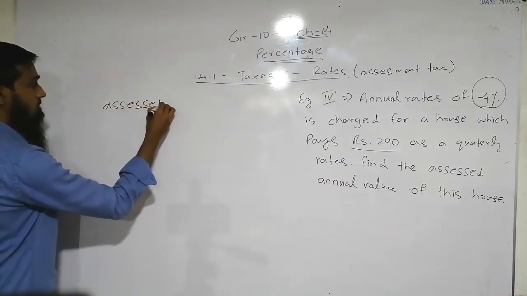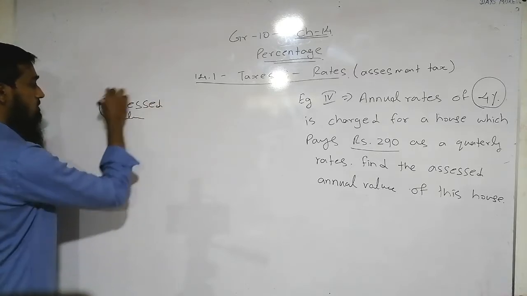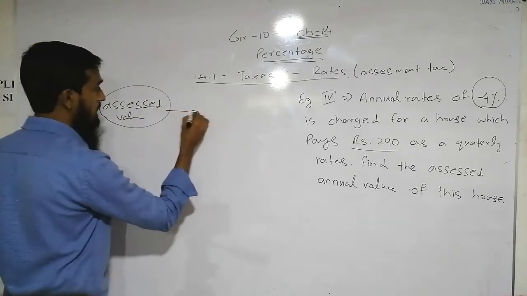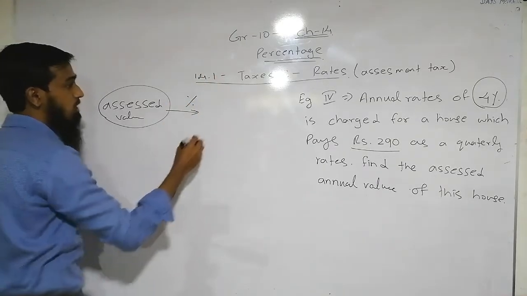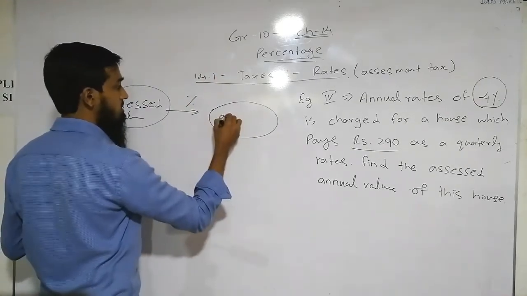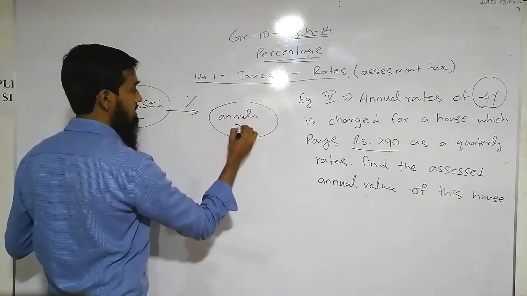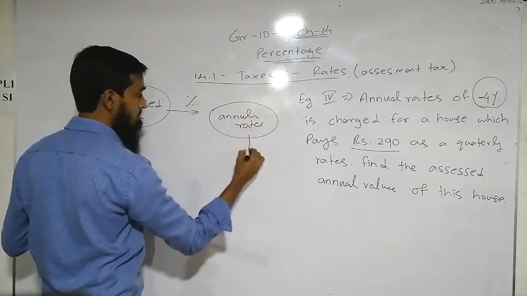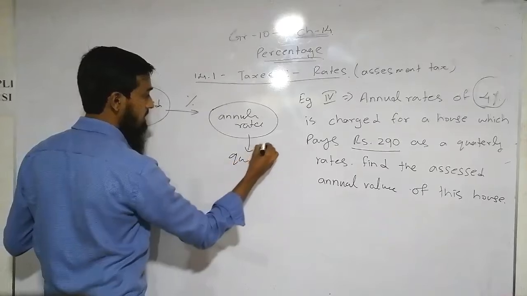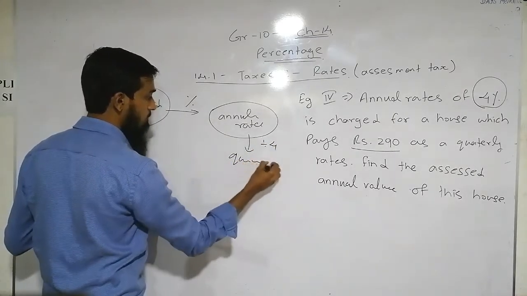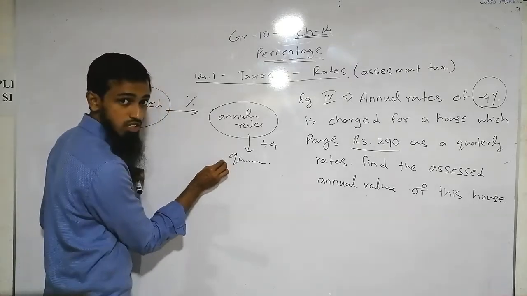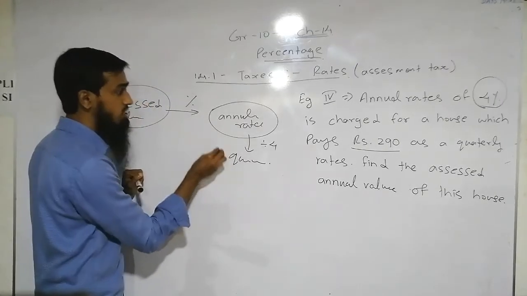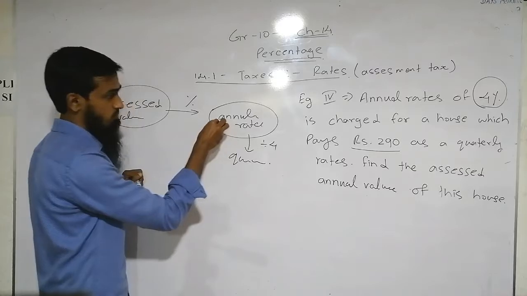They fix the assessed value and claim a percentage of that assessed value, that is your annual rates. That rate can be paid quarterly, that is divided by 4. So in this question they gave the quarterly rates, and using these you can find the annual rate.